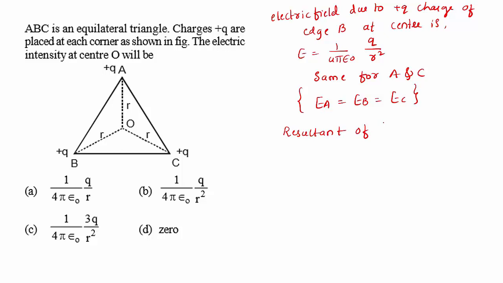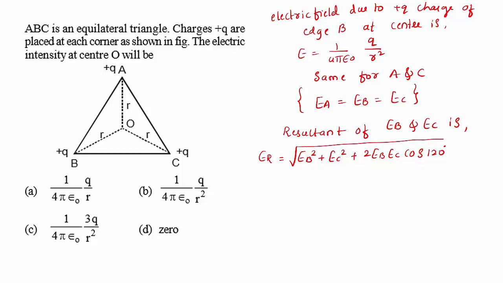Let us take first the resultant of EB and EC. These two values, the resultant value, first we have to calculate. We know the resultant value is A square plus B square plus 2AB cos theta. In a similar way, we can write EB square plus EC square plus 2EB into EC cos. Here the angle is 120, cos of 120.